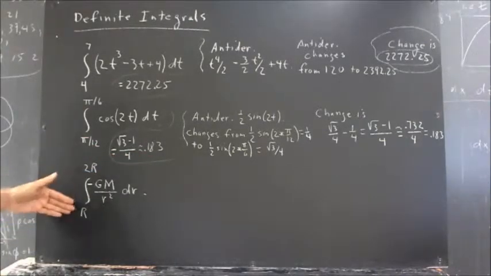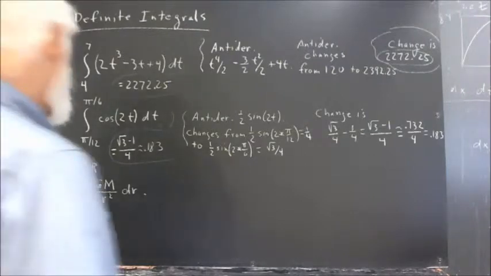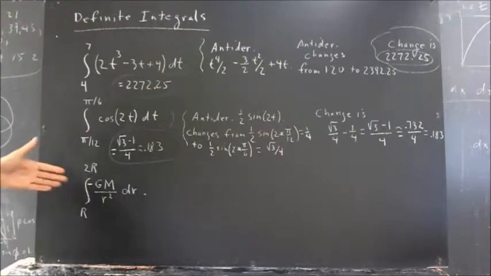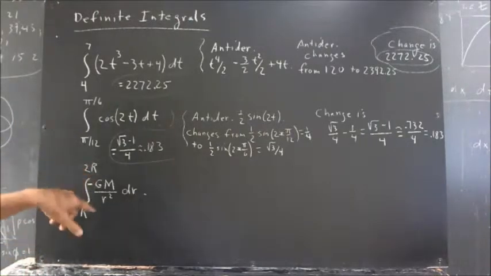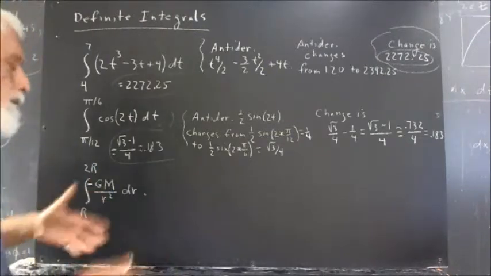Now, for the antiderivative here, we don't have any numbers, we have just expressions. The negative GM is just a constant, but we're going to include that in the antiderivative. Actually, we have two choices.